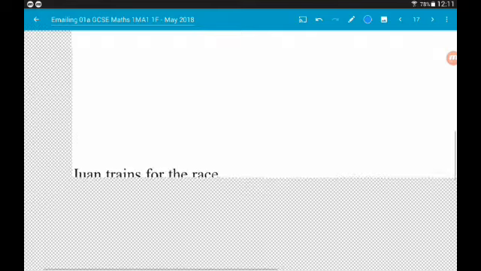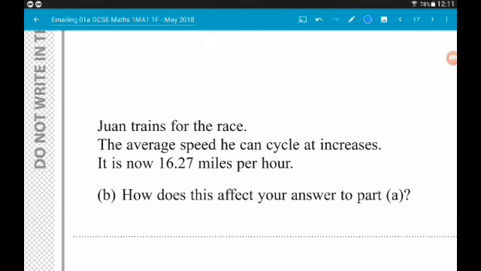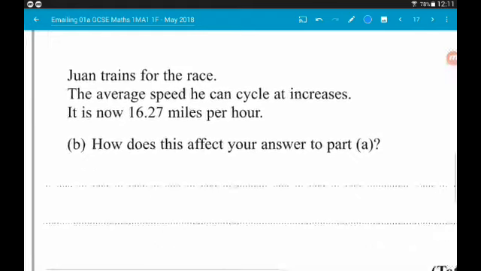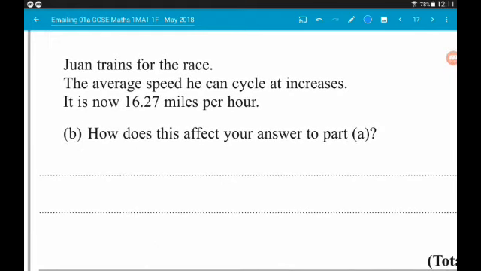Okay, then for part B, one trains for the race. The average speed he can now cycle increases. It is now 16.27 miles per hour. How does this affect your answer to part A?